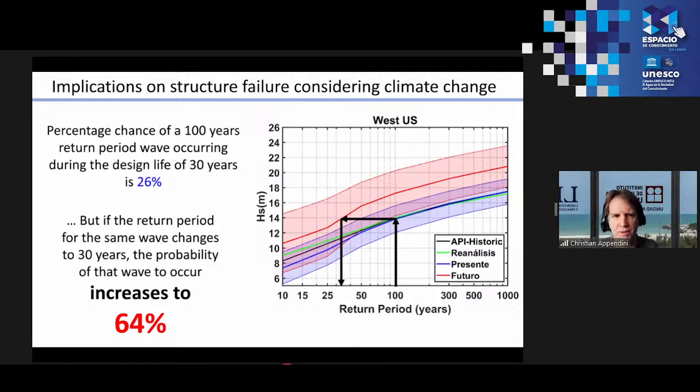But if that return period goes down in the future climate, that same wave will increase its probability of occurring to 64%. So that translates to probability of failure. If we design with today's conditions, we will have more probability of failure in our structures if we don't use a non-stationary wave climate for their design.